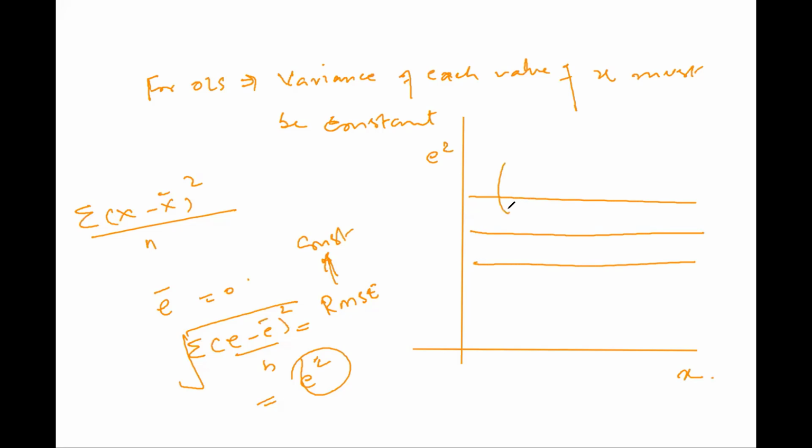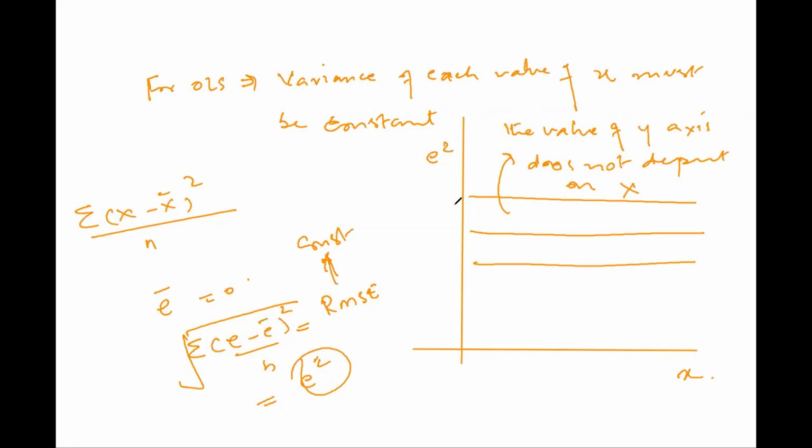The property of a straight line, which we have already discussed and is taught in mathematics, is that if a graph has a straight line, it means the value on the y-axis does not depend on x.